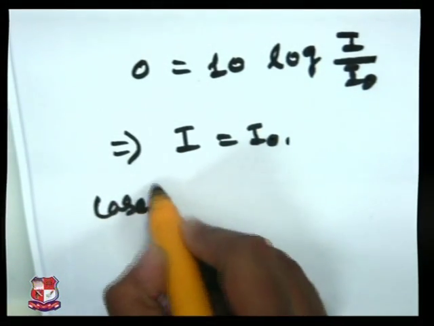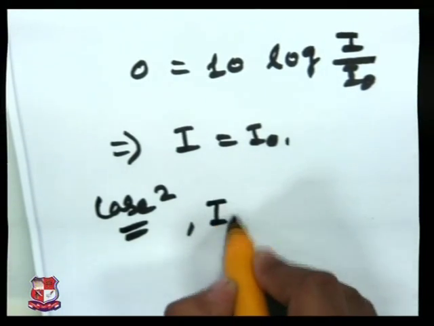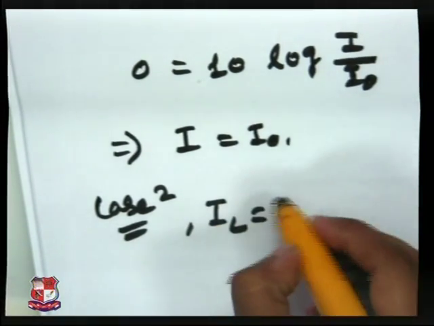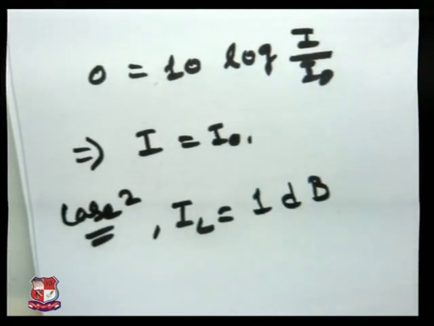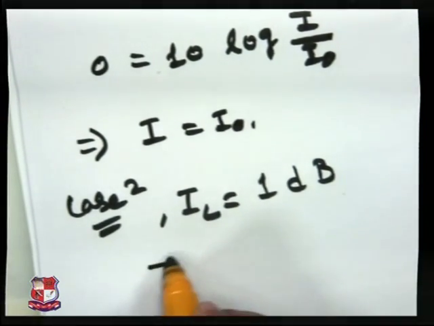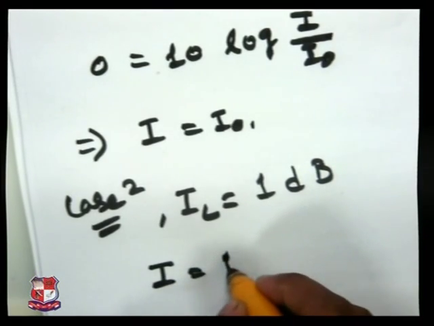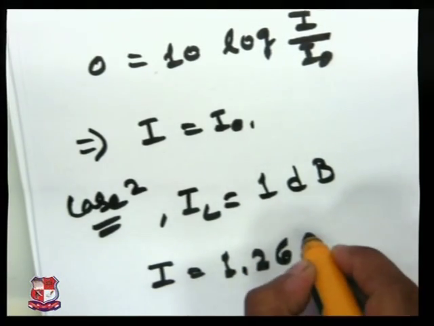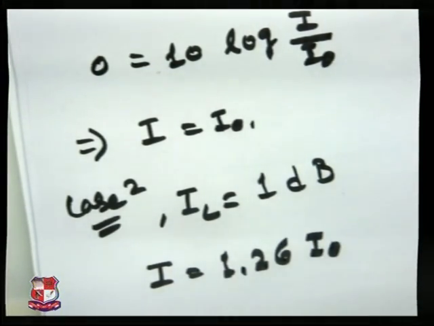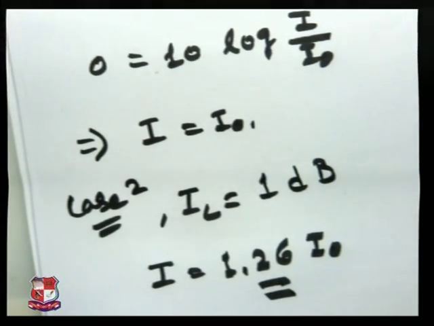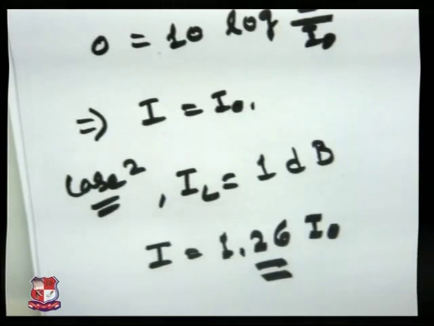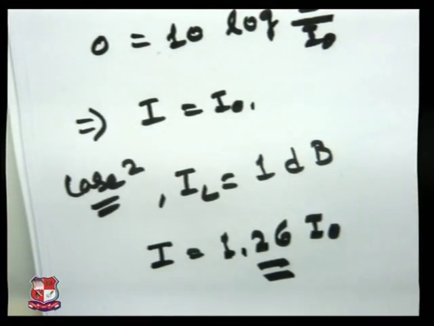But in case 2, I'll take IL or delta L equal to 1 dB. I am increasing the decibel level by 1, and this will give me the result I equal to 1.26 I0.